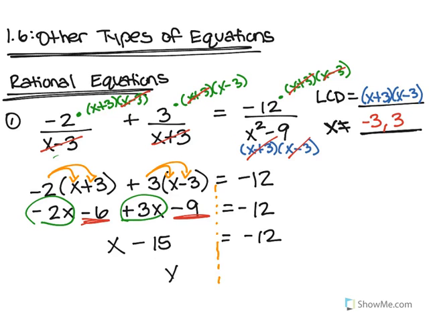And then what we're going to do to get x by itself? Add 15. So when we add 15, x equals who? Positive 3. Now what did we say about positive 3? X cannot equal 3. Good.